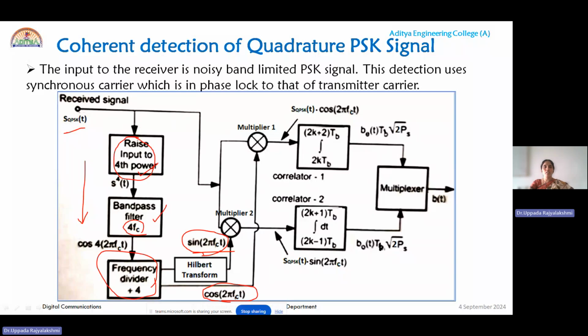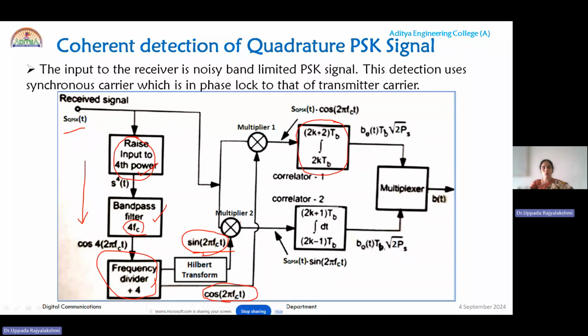This cos 2 pi FCT is multiplied with the upcoming QPSK signal and applied to the integrator, which integrates the even interval, that is 2k TB to 2k plus 2 TB. This is an even integration.